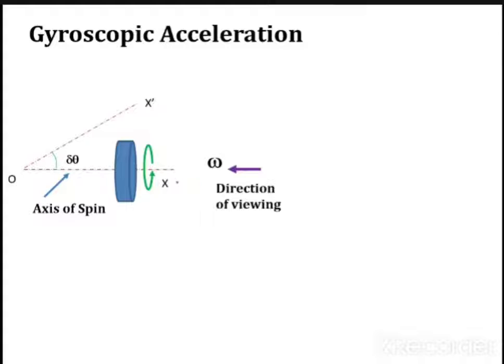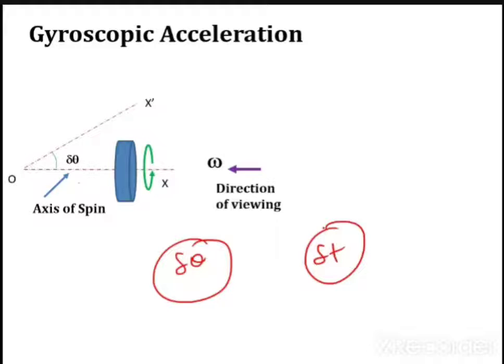So here we have to just understand that initially the disk was spinning about the axis of spin OX and now it is spinning about this axis OX dash, which is a new axis. Is it clear? This new axis is turned at an angle del theta. So del theta is the new angle and del t is nothing but a short span of time after which this disk is spinning about a new axis.